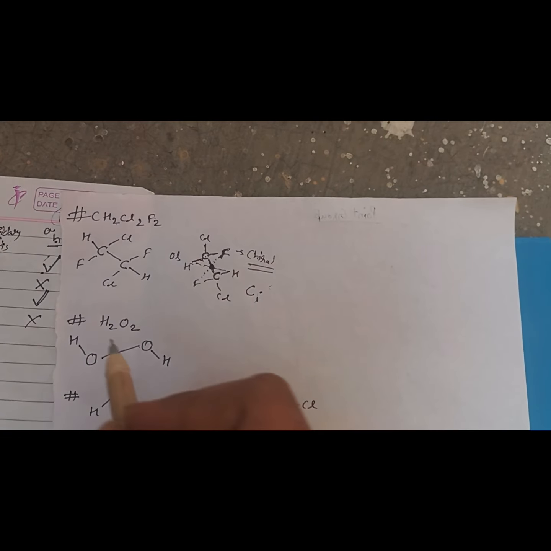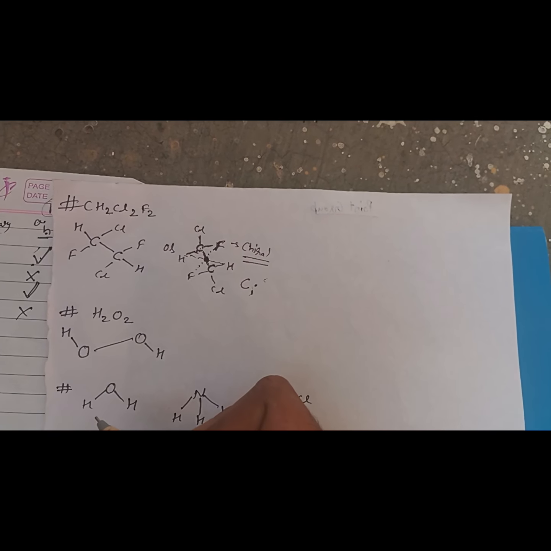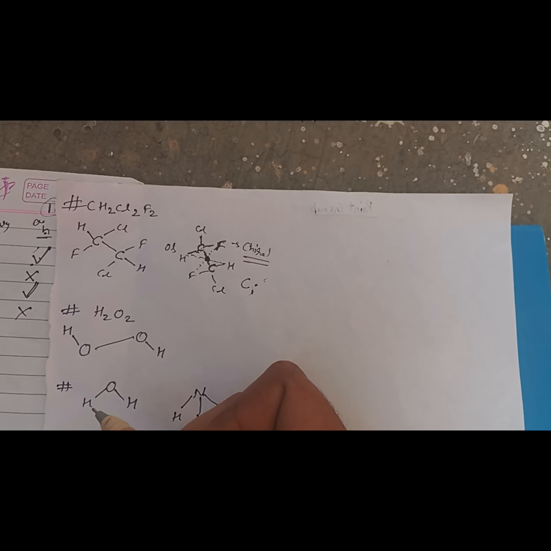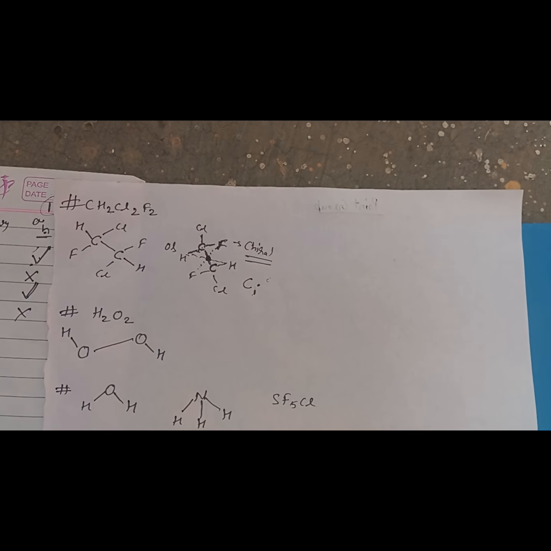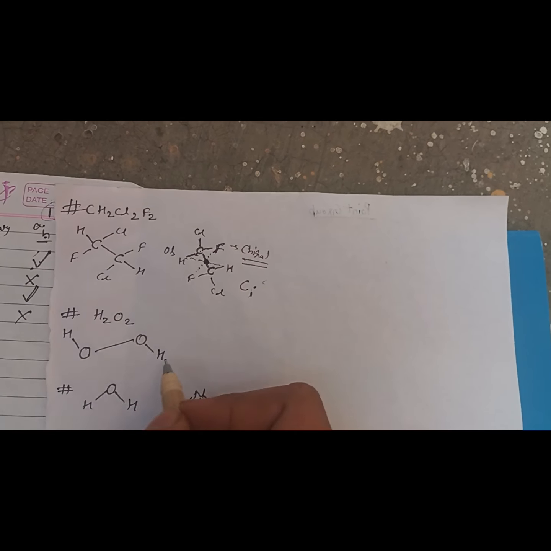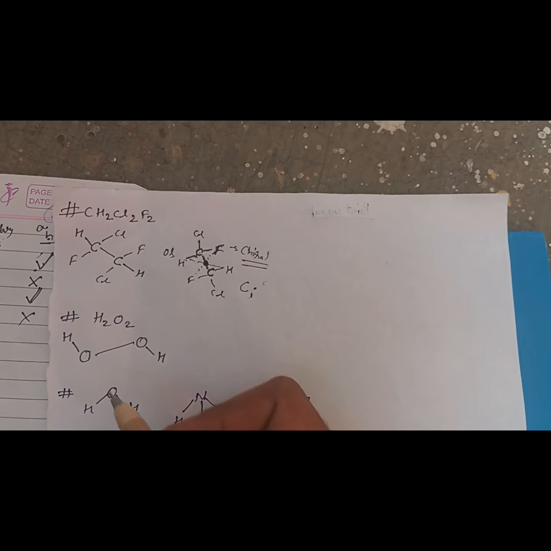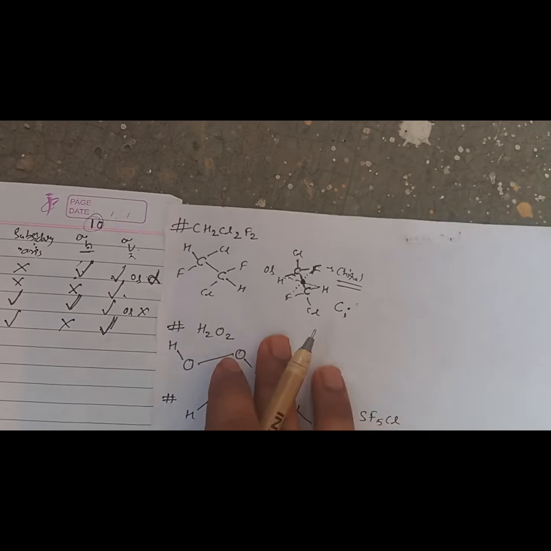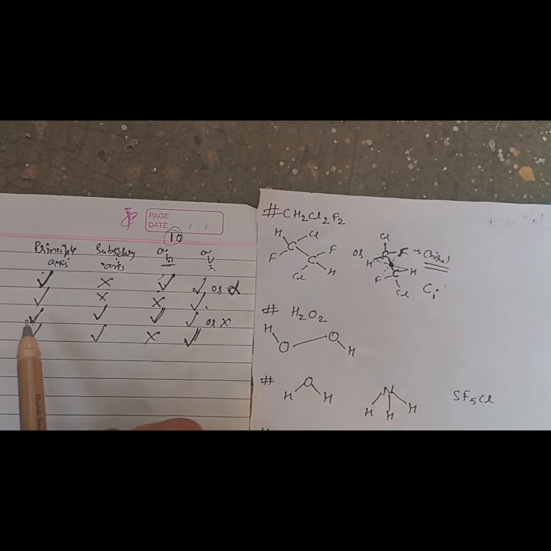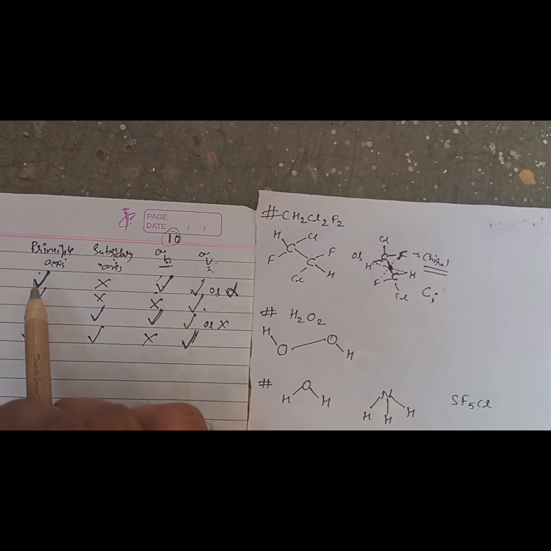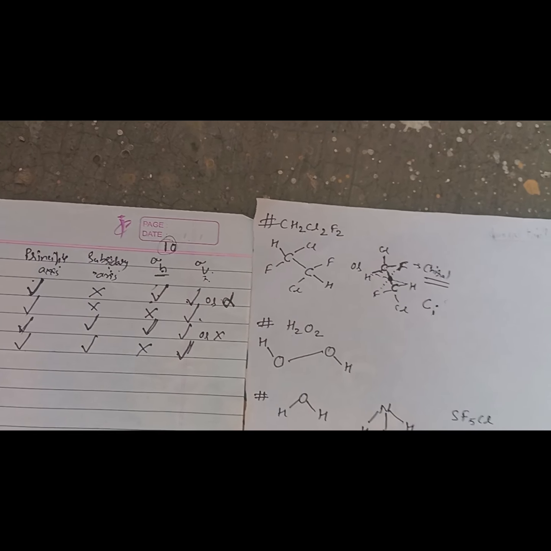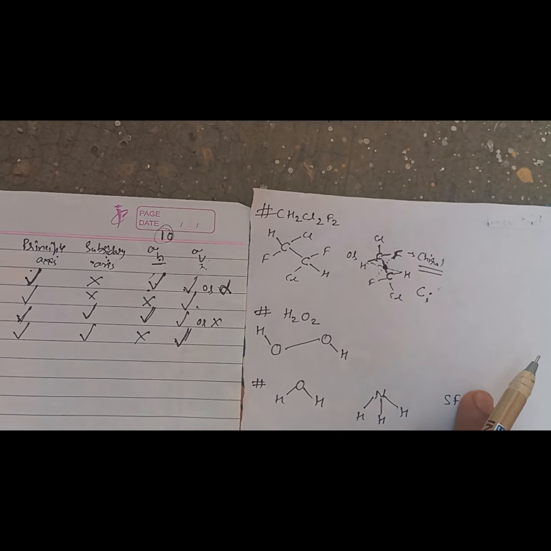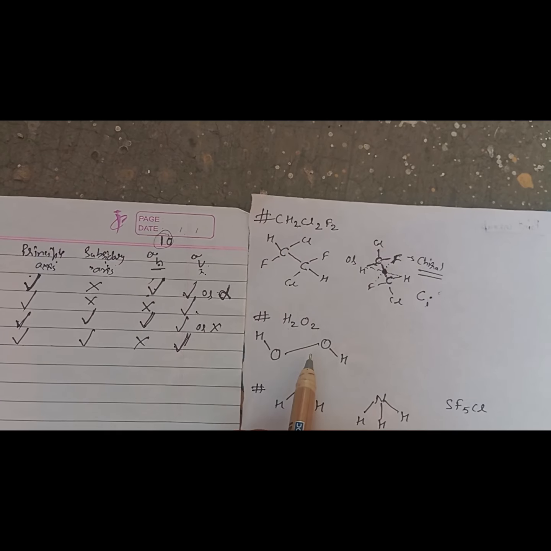Okay. Let's come to H2O2. For the H2O2 we have two O and there will be H. First we have to see if there is a principal axis, and every molecule has a principal axis, so we have to set the molecule like that.